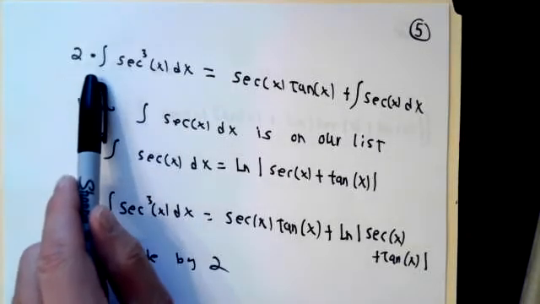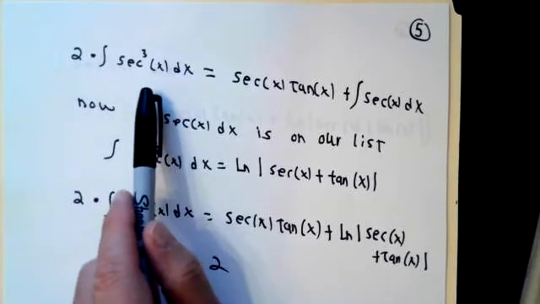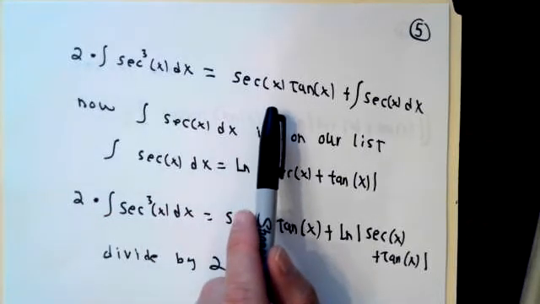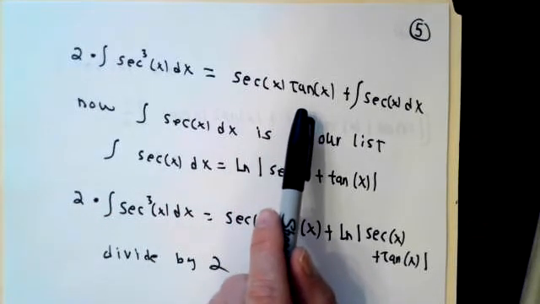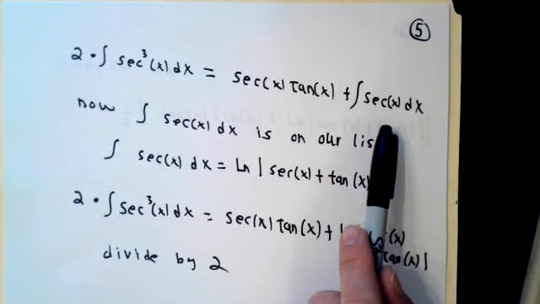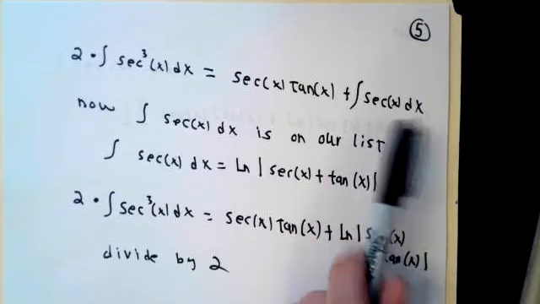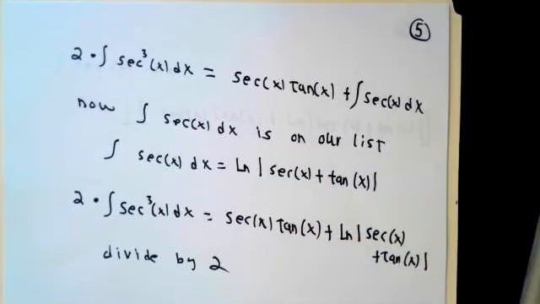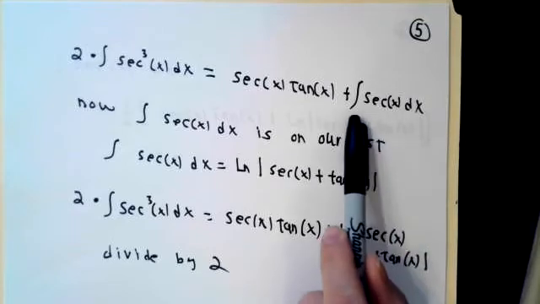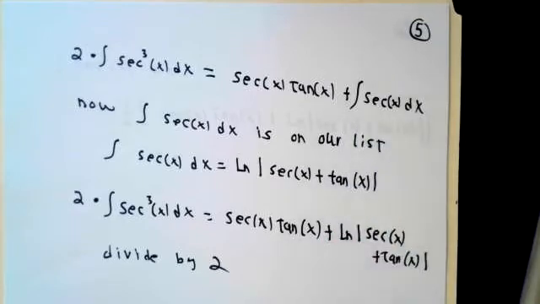So 2 times the integral that I'm actually after is secant x tangent x plus the integral of secant x dx. There is one little bit less piece of calculus to do. I need to write down an antiderivative for secant of x, but that's okay.